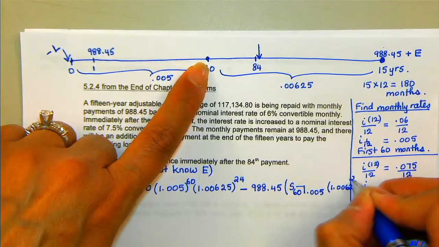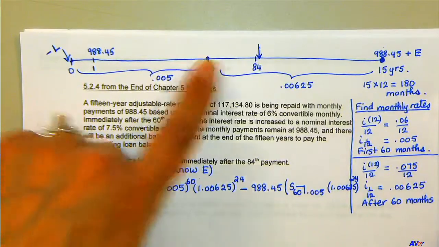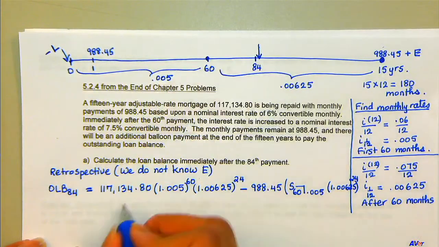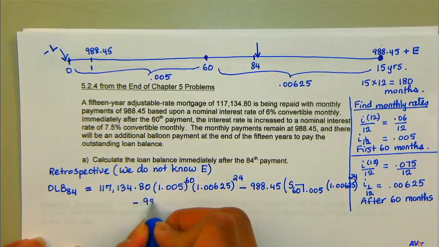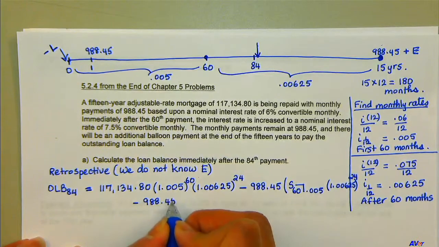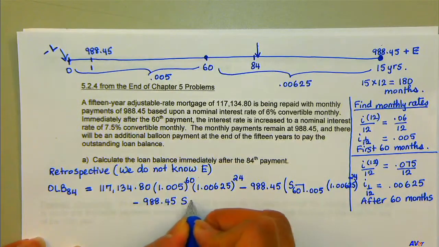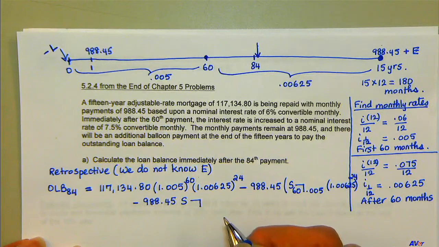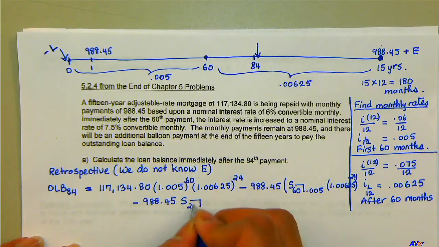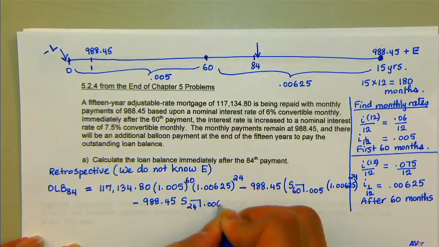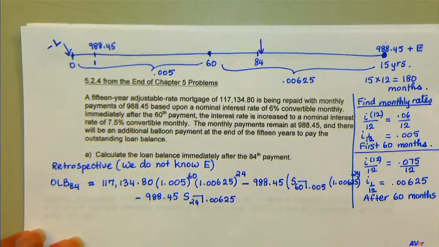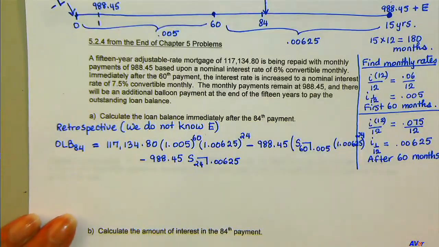1.00625 to the 24th power, minus 988.45 times s angle what? 24, right, 24 at 0.00625. Do you see what I've done?